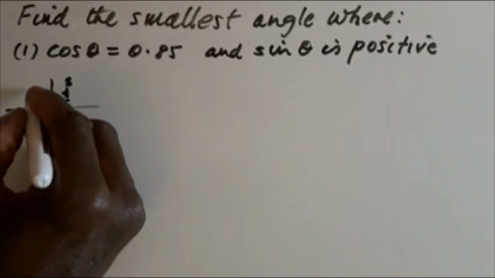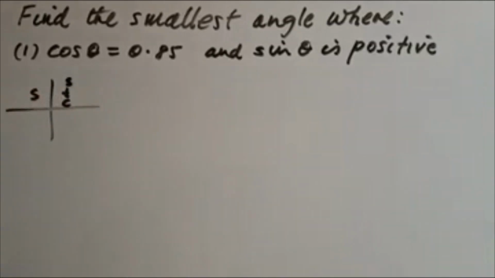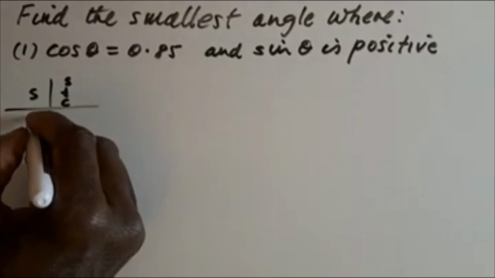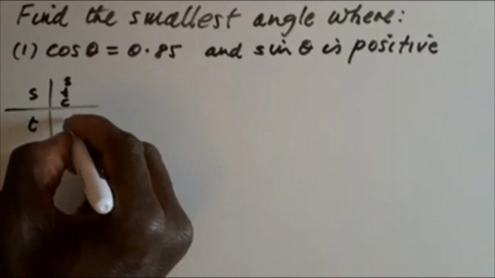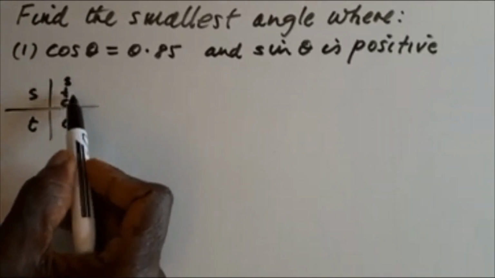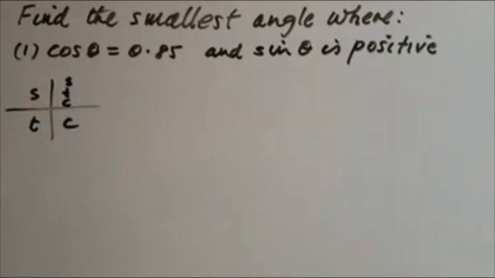Then we have sine is positive in this quadrant, which is the second quadrant. The third, we have tan is positive, and in the fourth, cosine is positive. So if both cosine and sine are positive, then it can only be in the first quadrant.